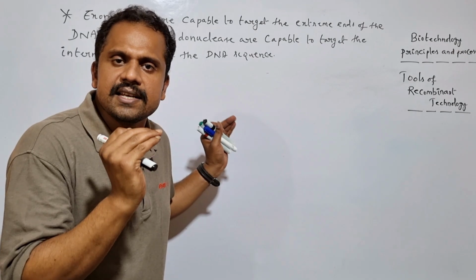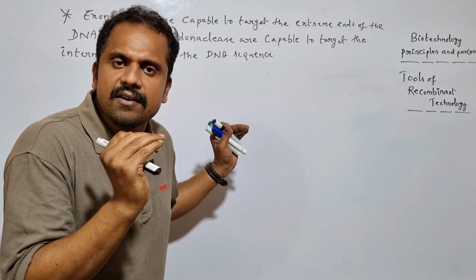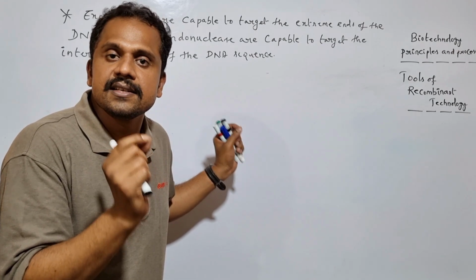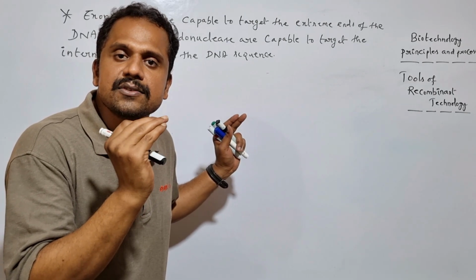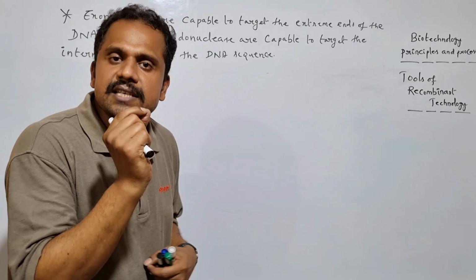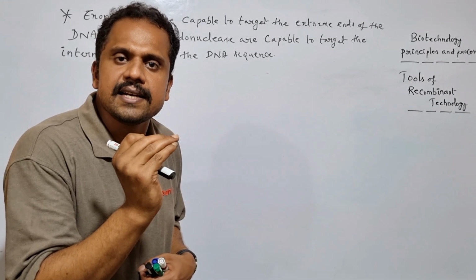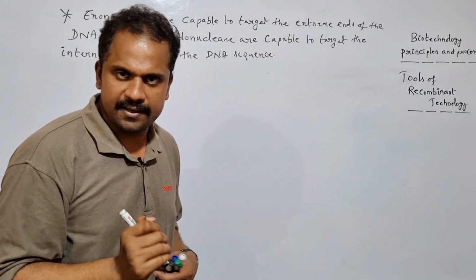Once it recognizes the recognition sequence, the restriction enzyme is capable to cleave the sugar and the phosphate backbone which are present on both the single strands of the double-stranded DNA. Is it clear?